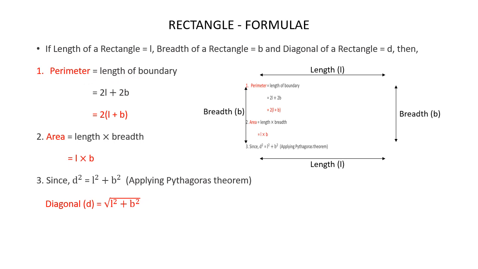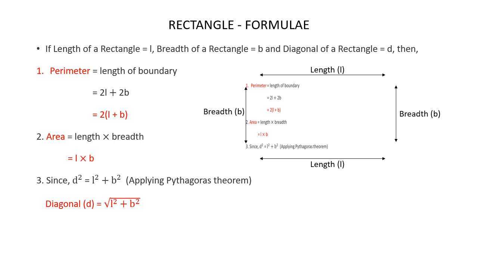Now in this rectangle ABCD, the length of the boundary would be AD plus DC plus CB plus AB, that is L plus B plus L plus B, which is nothing but 2L plus 2B. 2L plus 2B is nothing but 2 multiplied by L plus B. So perimeter of a rectangle is equal to 2 multiplied by L plus B. Area of a rectangle is equal to length multiplied by breadth, which is L multiplied by B.